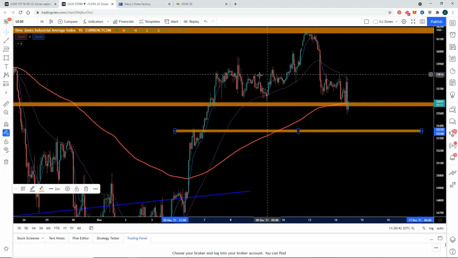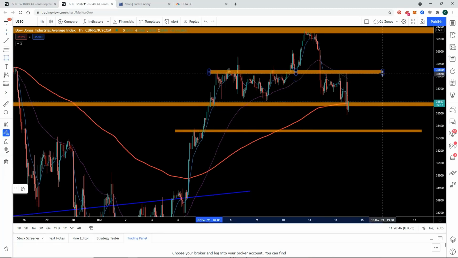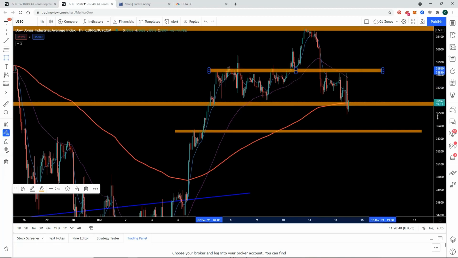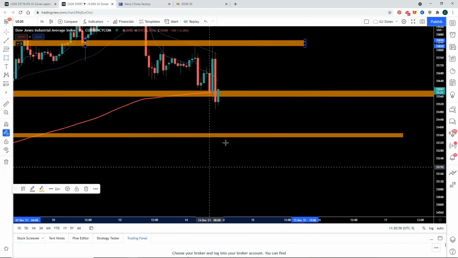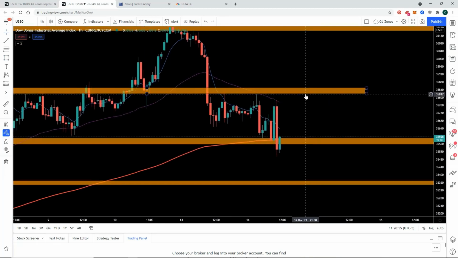But I also see that there's like a small level of consolidation right here. Where it looks like price has tested this level repeatedly, but rejected.